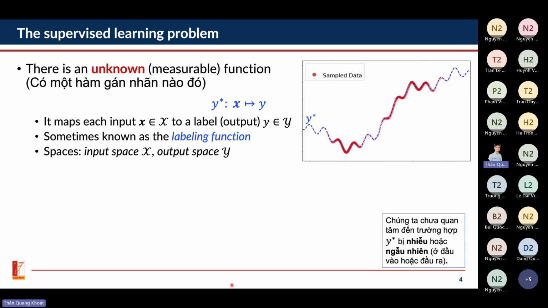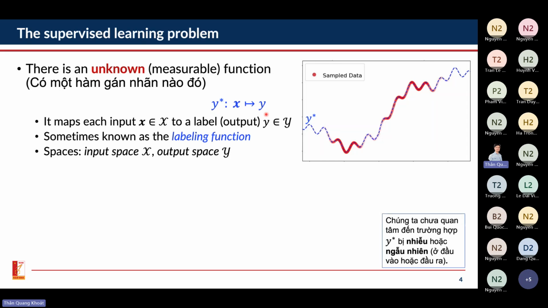Let's focus on a very simple setting. It is a supervised learning problem, right? In this case, we assume that there exists an unknown function, which we denote by y star, that can map from x to y. This function can be complex, and often is complex in practice.